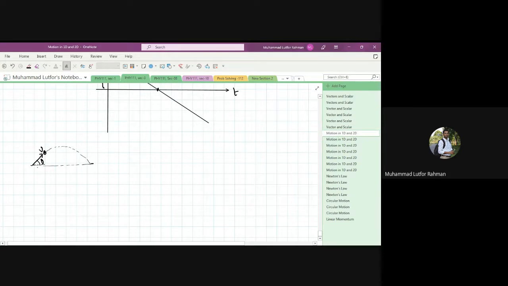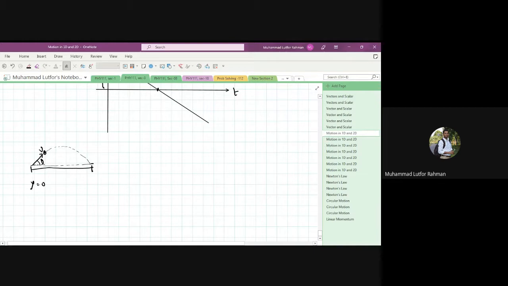Then what would be that displacement versus time graph? What is its displacement? Its displacement basically is the distance it travels in the horizontal direction. This is displacement, X. But in the vertical direction, its displacement is basically zero, right?